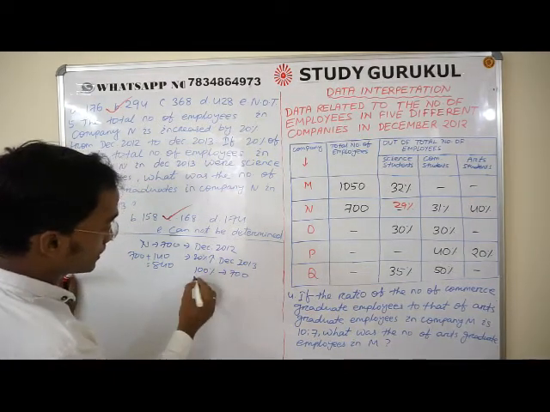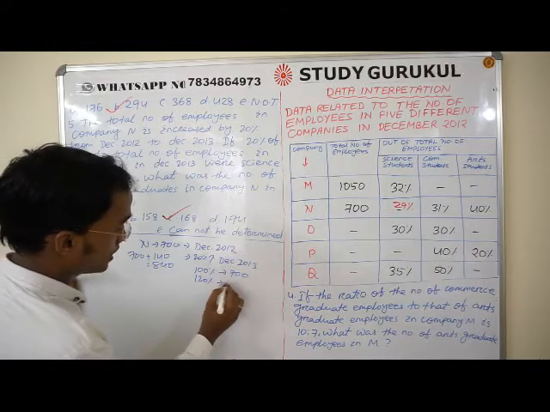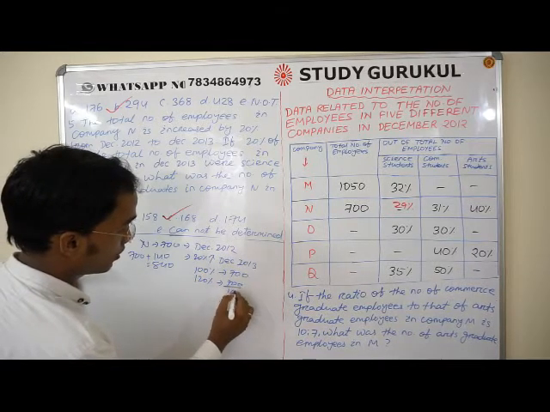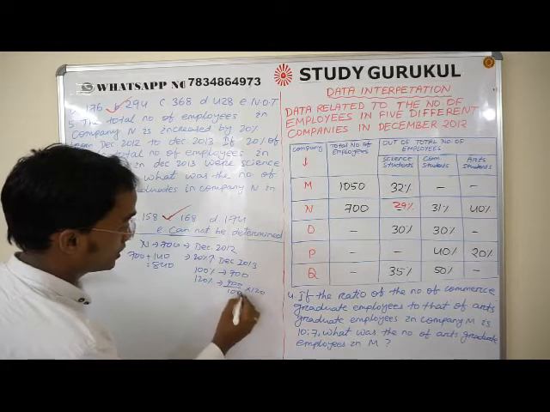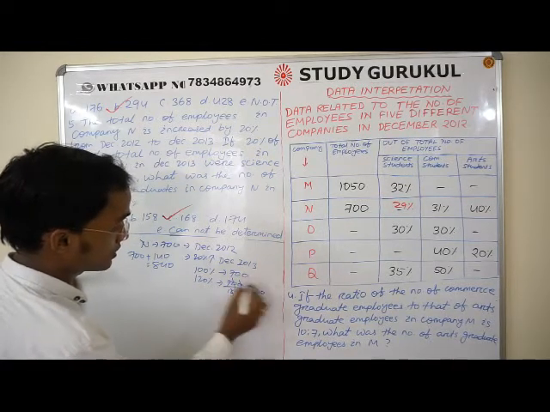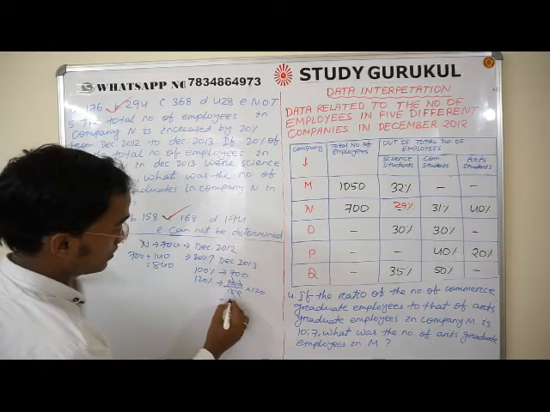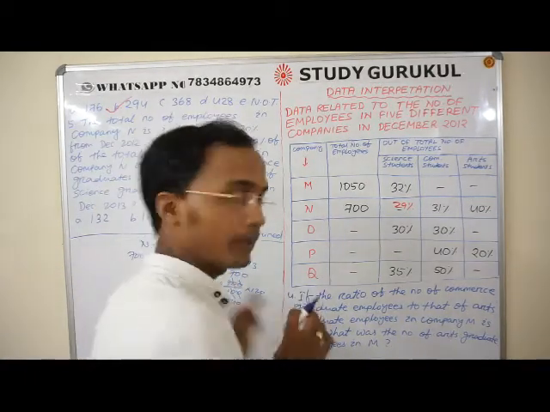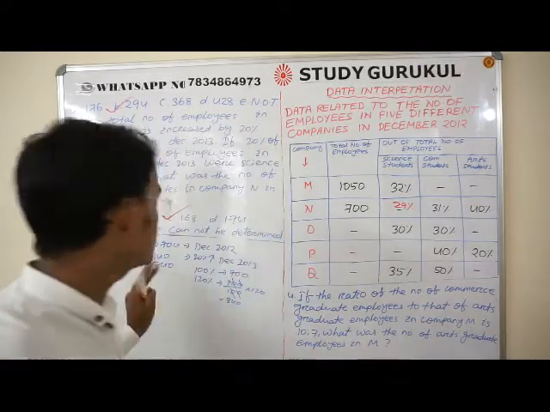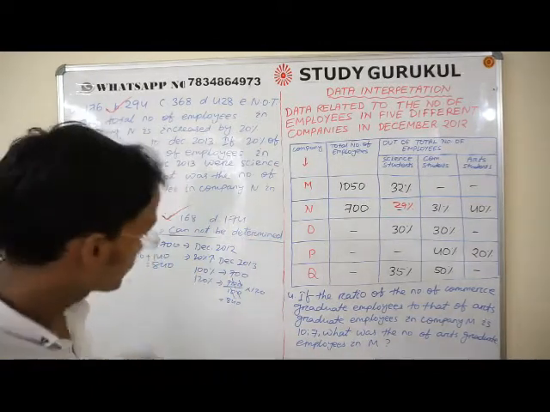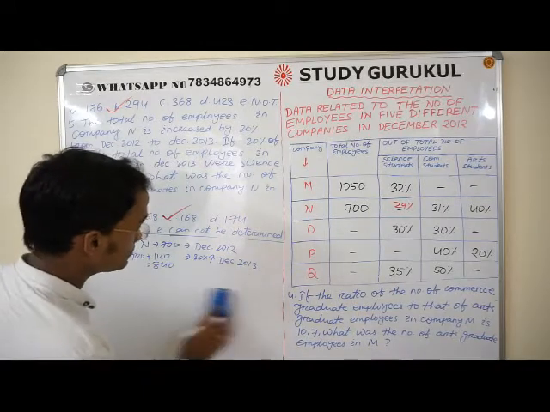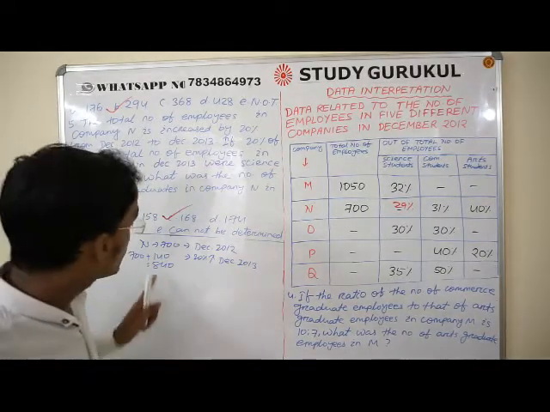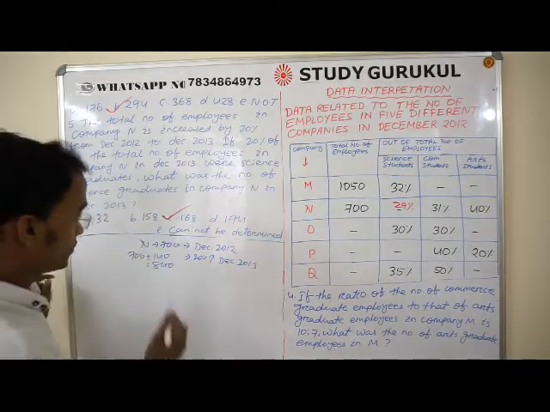Don't write it like 100% is 700. So 20% increase means 120%: 700 divided by 100 into 120, zeros cancel, multiplication gives 840. Don't do it like this. 10% is 70, 20% is 140, addition 840. Clear? Then from this, 20% are science graduates.